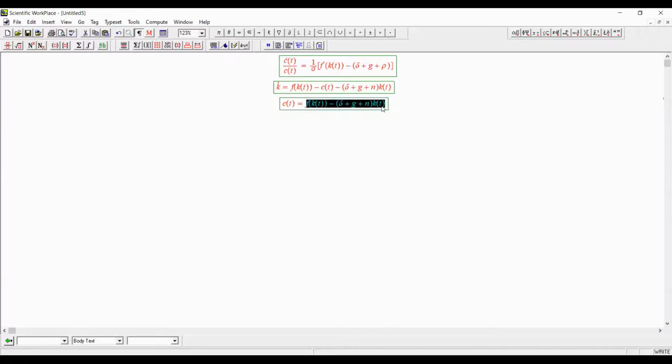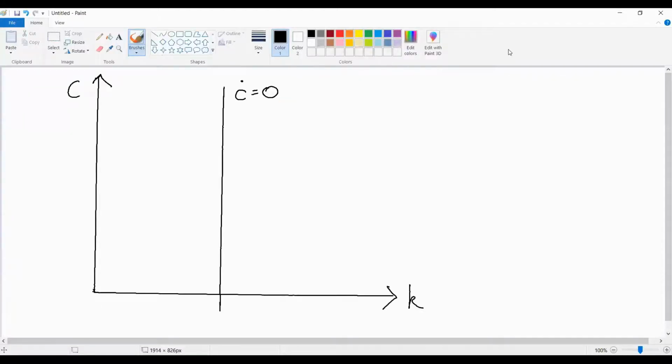And if you look at this, it is U-shaped because this is a concave function, this is a linear function, a negative one, and so this will go up and down. So returning to this figure, this line is going to look like this.